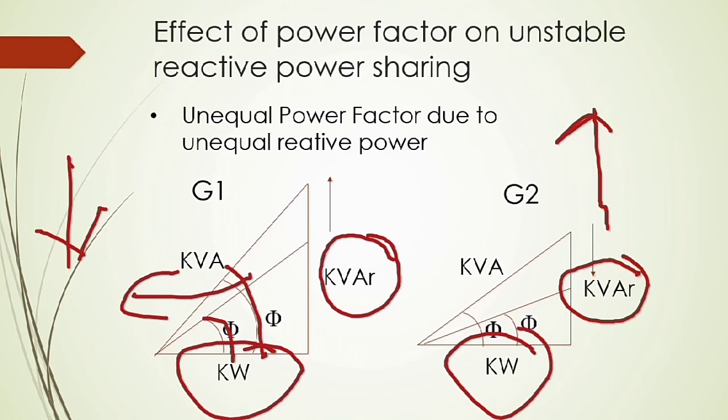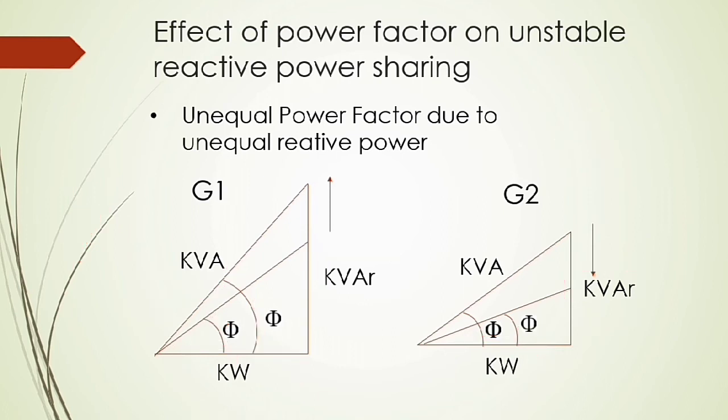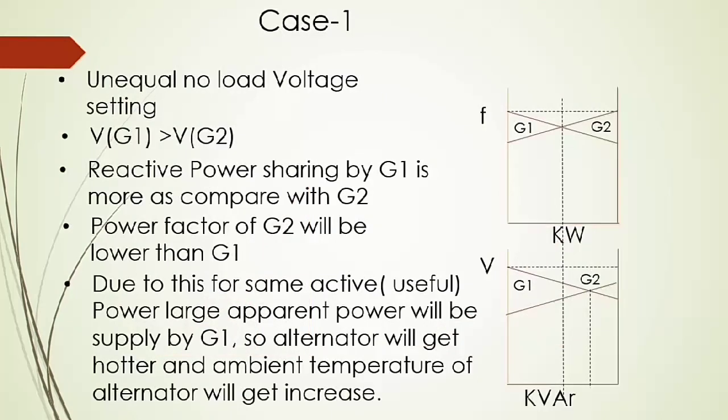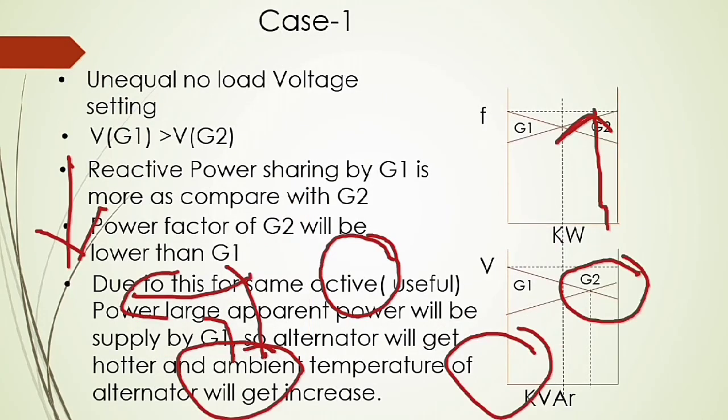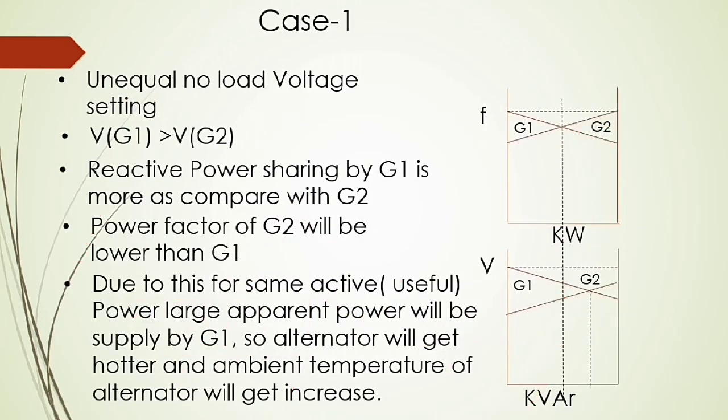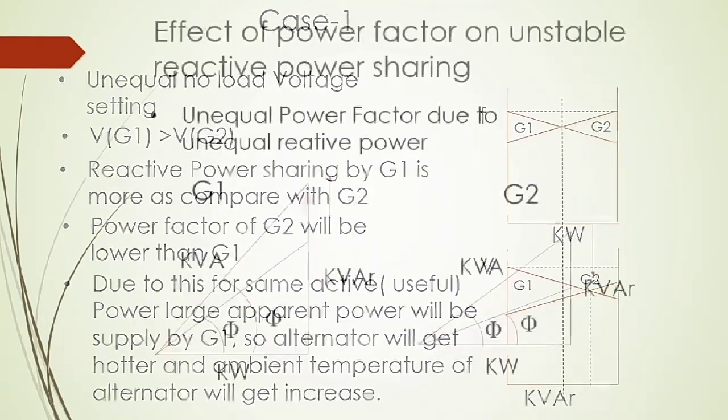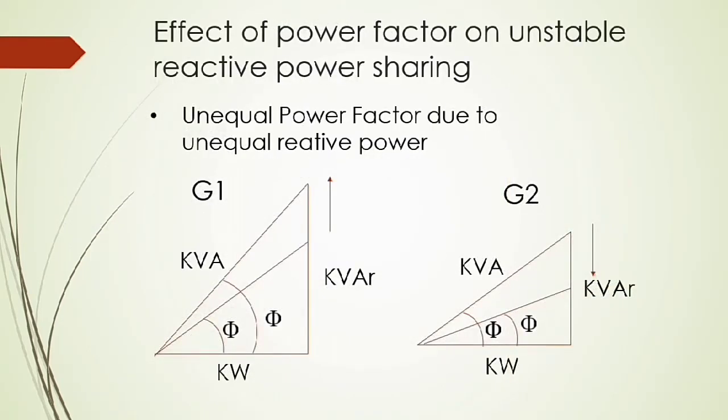Okay, so the next one is here. In my previous slide you have seen how the power factor is affected by and depends on the reactive power sharing. One more thing I also want to share from my previous section: for the same active power, large reactive power will flow.